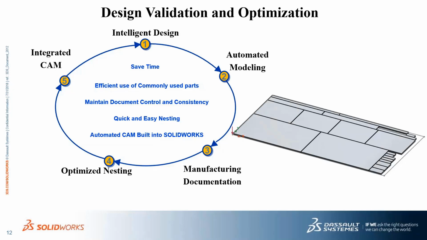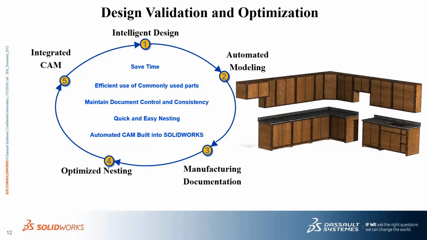All of these capabilities combined allow us to easily and rapidly create cabinet and furniture designs, having all of our parts stored and automated as need be, consistently controlled throughout our company so that we can make the best products we can for our customers.